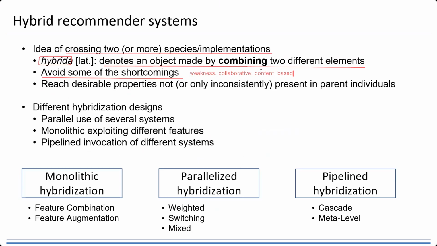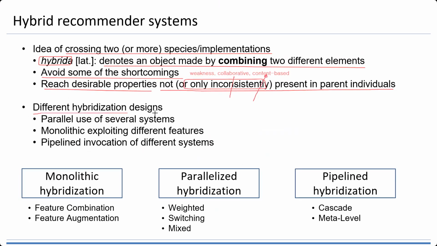So we can combine collaborative and content-based. With this hybrid, we can reach desirable properties that are not present in the parent individuals. Or sometimes the result is inconsistent. If we use only collaborative, maybe the result is inconsistent, so we can also use content-based and so on.